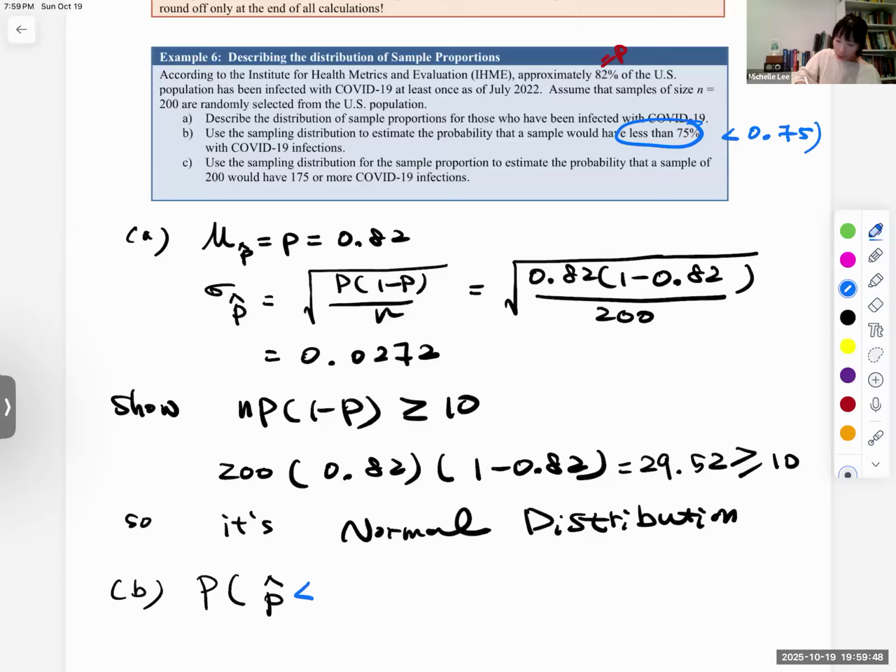Now we are using mean 0.82 and standard deviation equal to 0.0272.